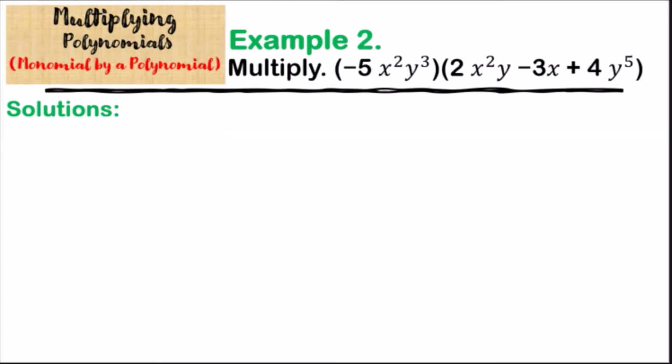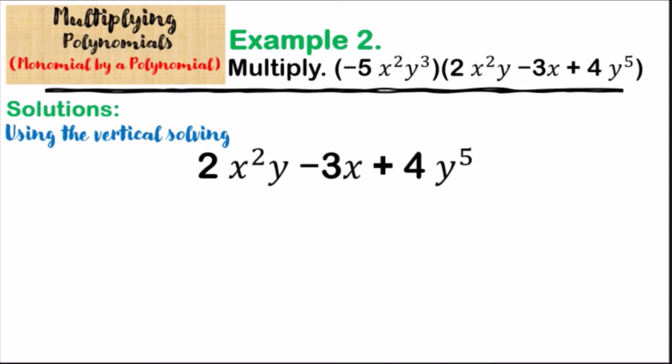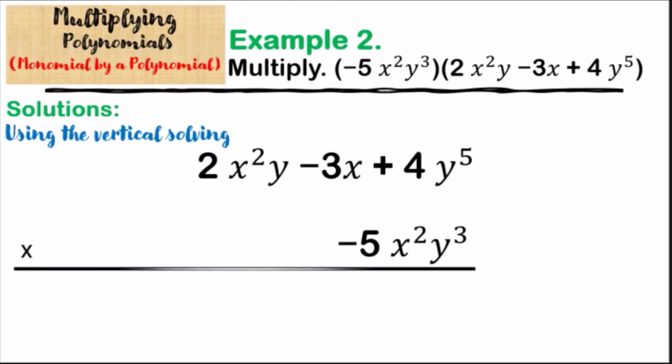Now, let's try to solve the problem using the vertical solving. The polynomial is 2x squared y minus 3x plus 4y raised to the 5th power times negative 5x raised to 2 y raised to 3. Then simplify.